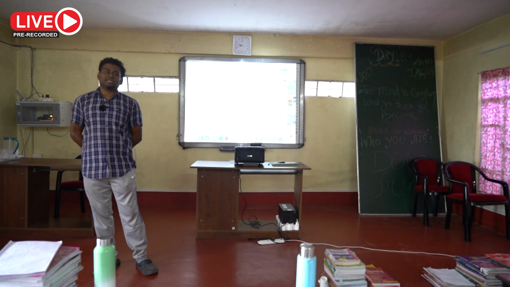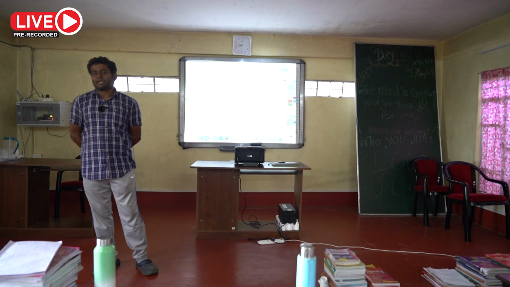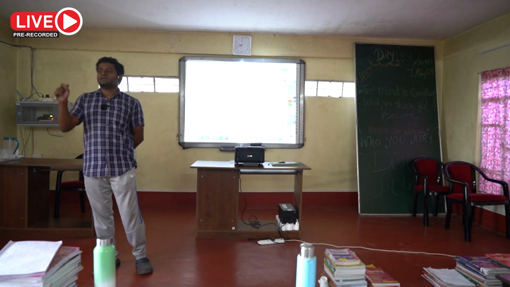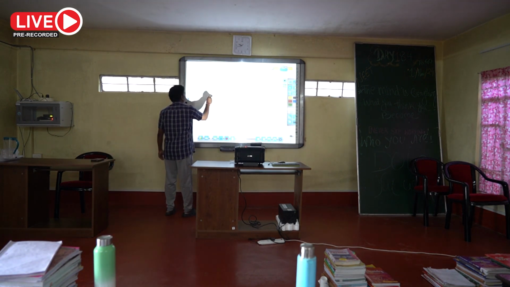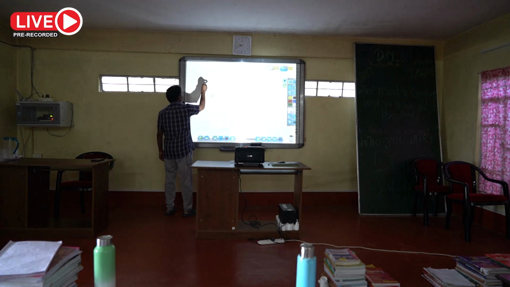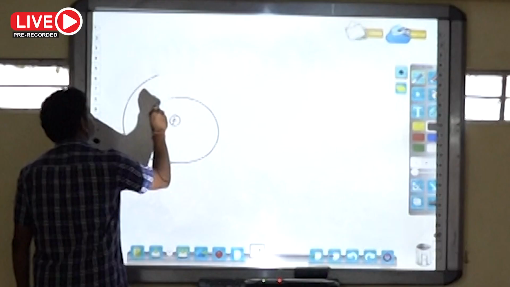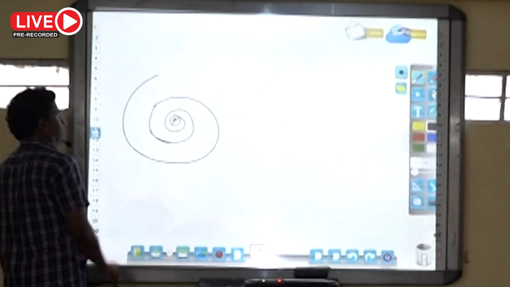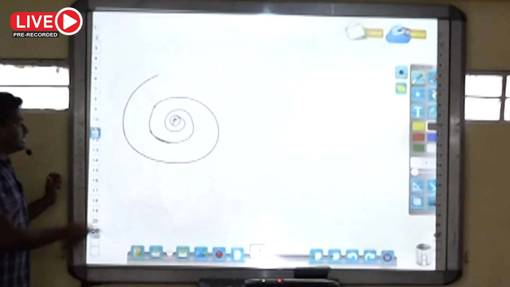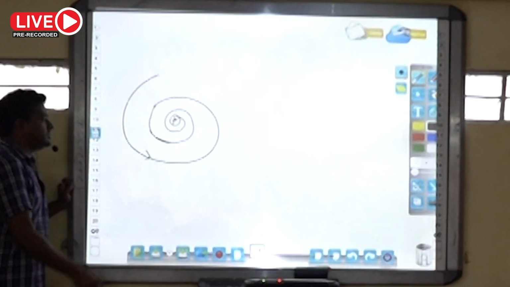So electromagnetic energy is continuously radiated from the charged particle, and as a result, its total kinetic energy will decrease. So the magnitude of the velocity will decrease, and the path will be like this. This is the positively charged nucleus, and the electron's path will be like this, a spiral shape, and the electron will fall on the nucleus.